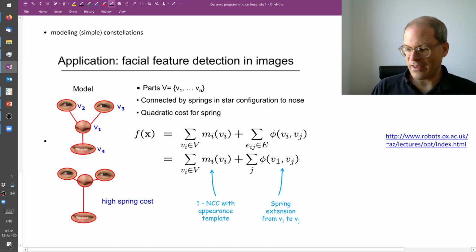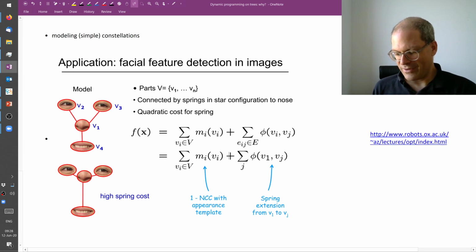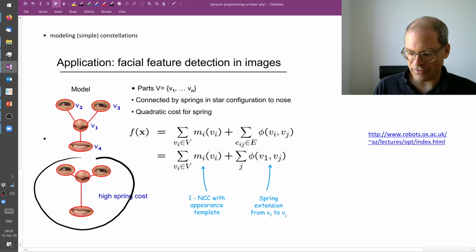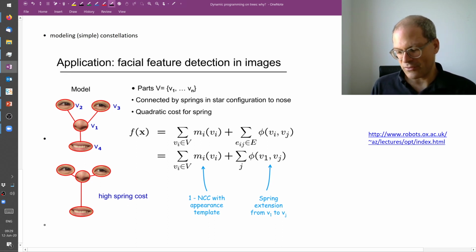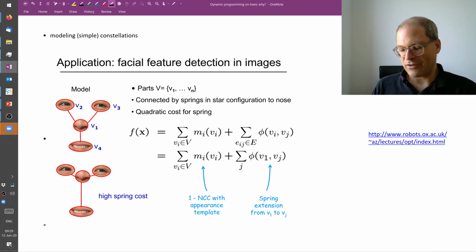And then the overall problem here is an energy function defined over a tree, which can be optimized efficiently. For most faces, this would be an implausible configuration, or in particular, if the nose were found above the eyes, this would be even more improbable. And this is why this kind of model can help.